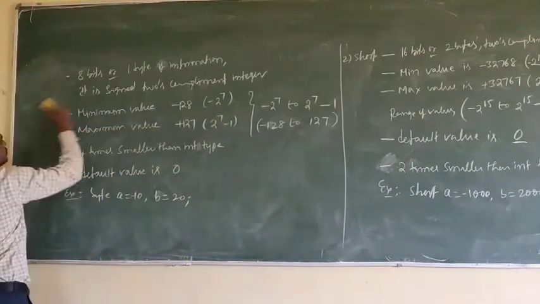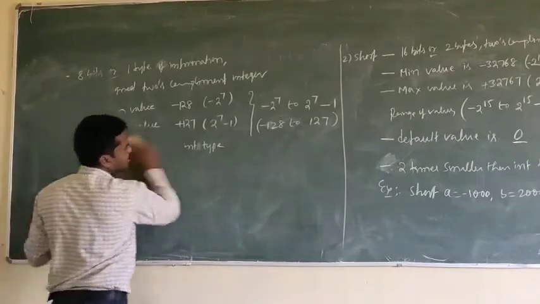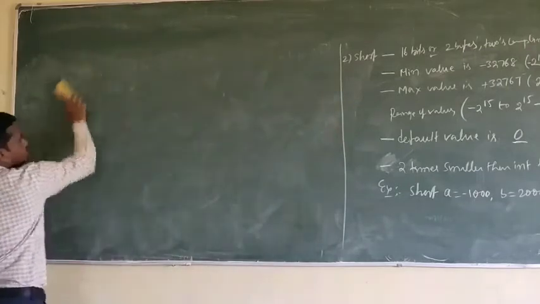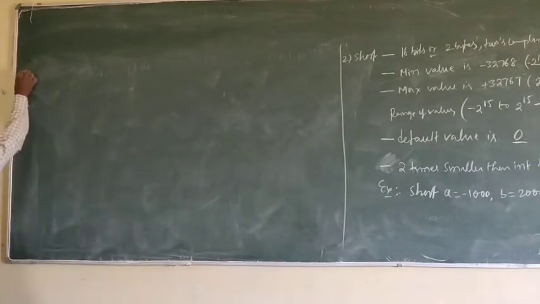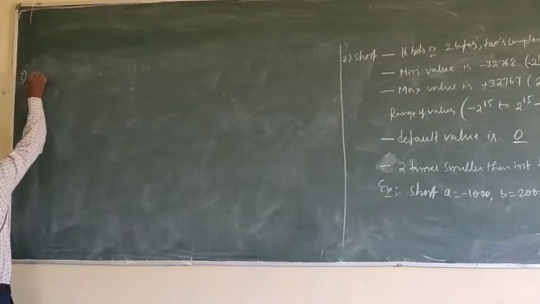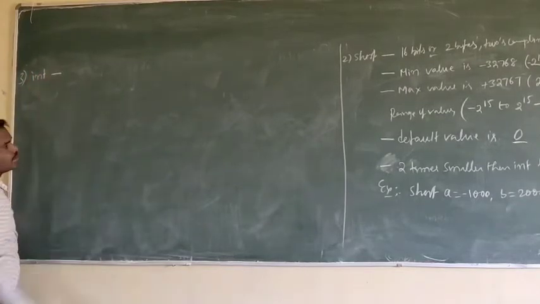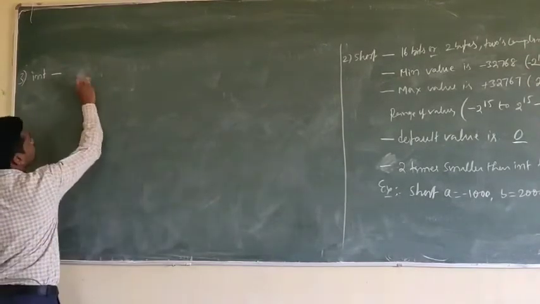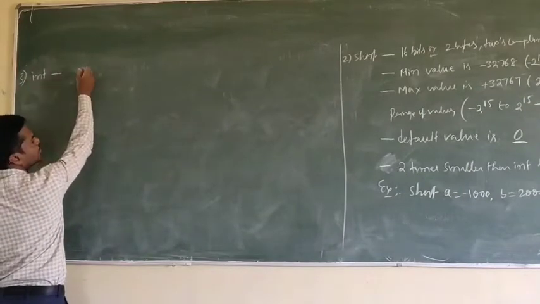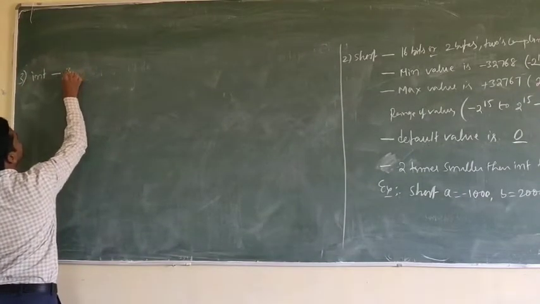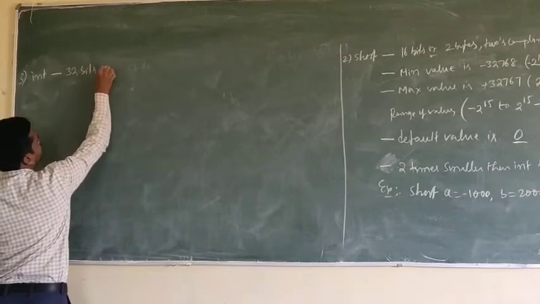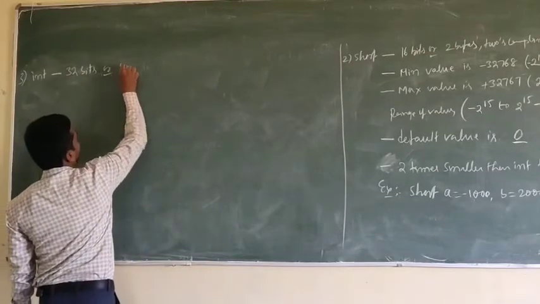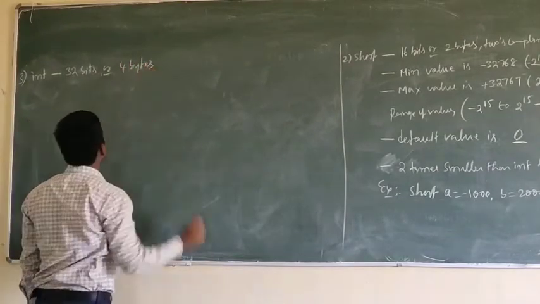Then the third one, integer type, that means int type. The size of integer type is 32 bits, or 4 bytes.